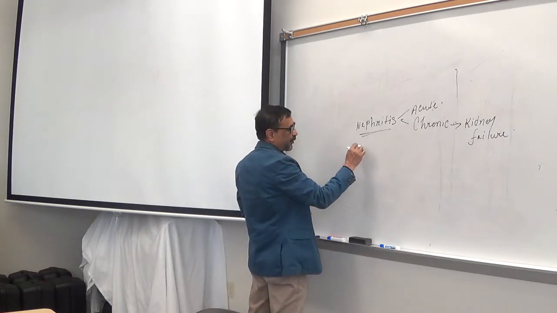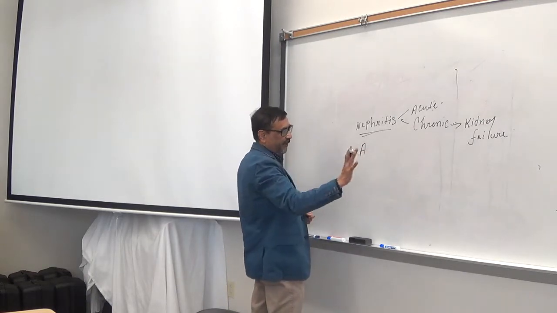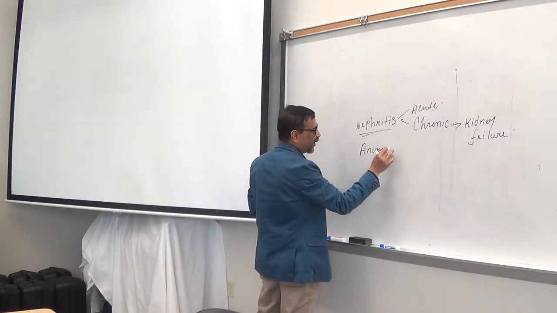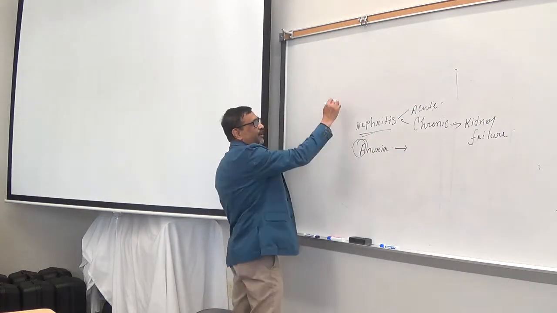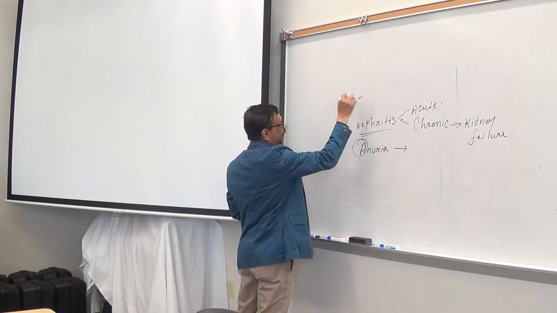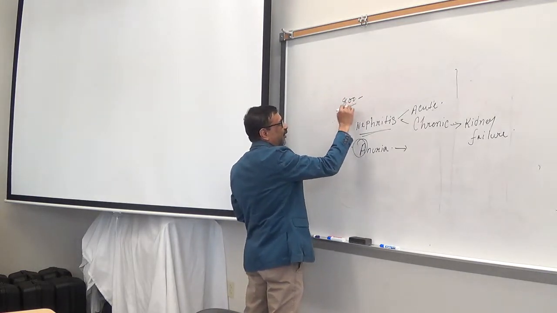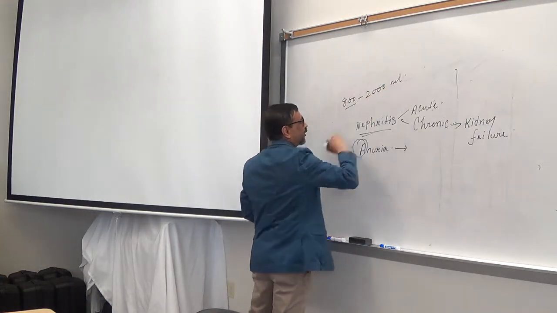Production of urine. If the kidney fails and the production of urine stops, that is called anuria. A means absence. So the normal amount of urine production is, we say, 1 liter to 2 liter. Some places you will see 800 milliliter to 2000 milliliter.